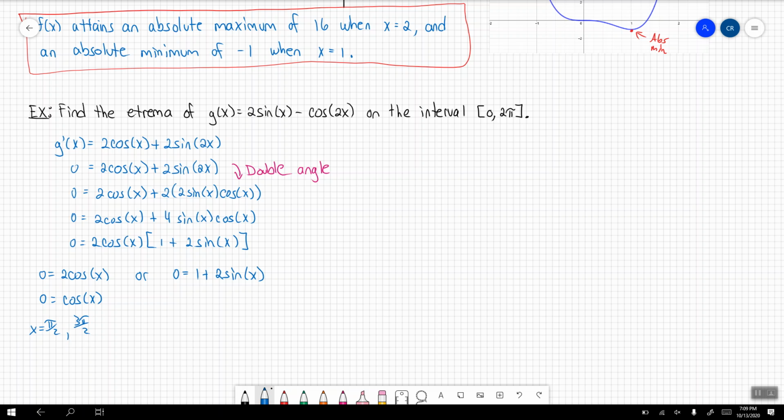Now for the second equation, we're going to get negative 1/2 is equal to sine of x. And again, all we did was isolate sine of x. Now we have to think about what angle measurements on the interval from 0 to 2 pi will give us a sine ratio of negative 1/2.